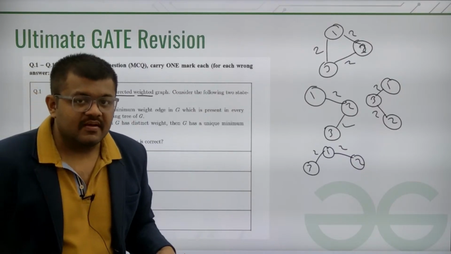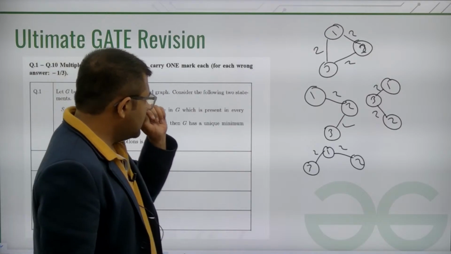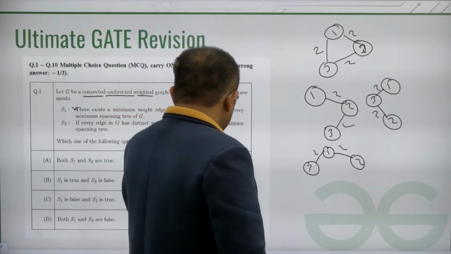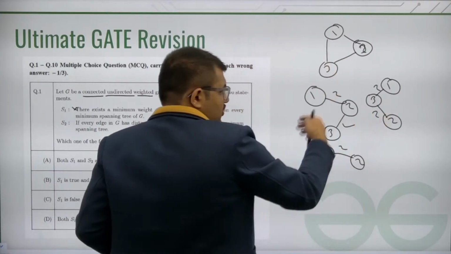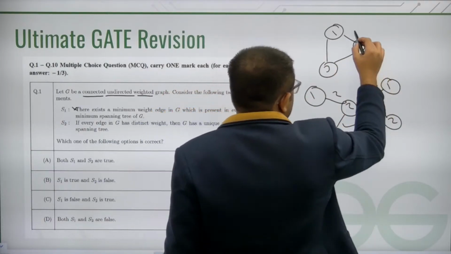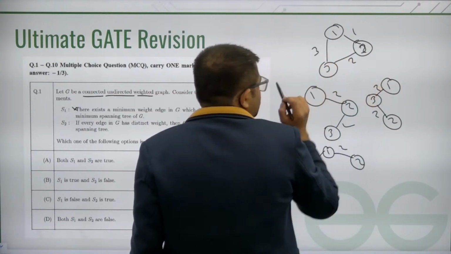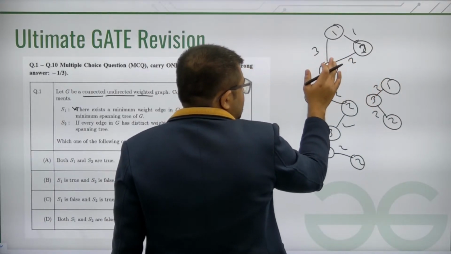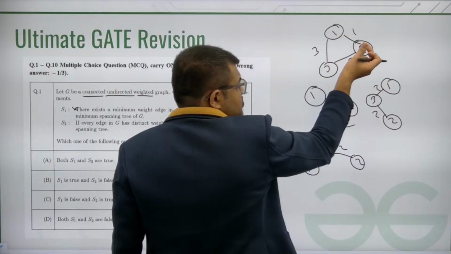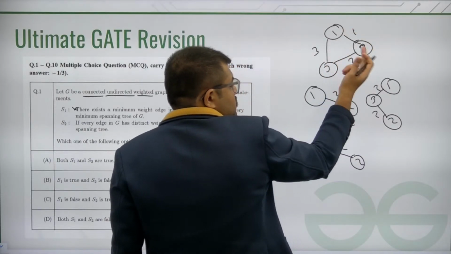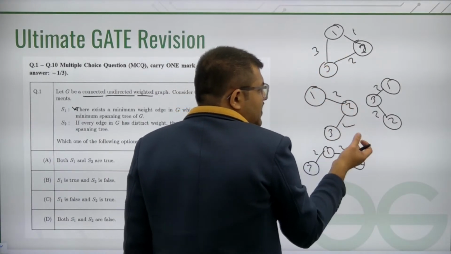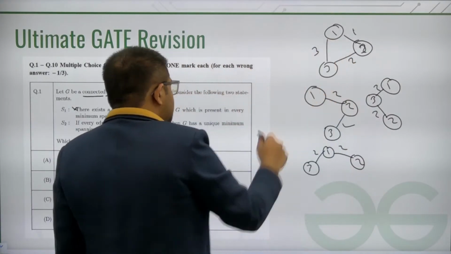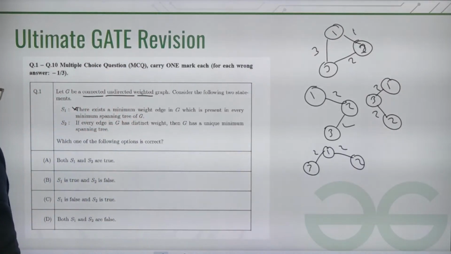For example, with equal weights all three trees are minimum spanning trees, but if the weights are 1, 2 and 3, then I will remove the edge with weight 3, because 1 plus 2 is 3, and that is the minimum spanning tree. Minimum spanning tree means the sum of edges of the tree is minimum. So S1 is false and S2 is true. So your C option is correct.